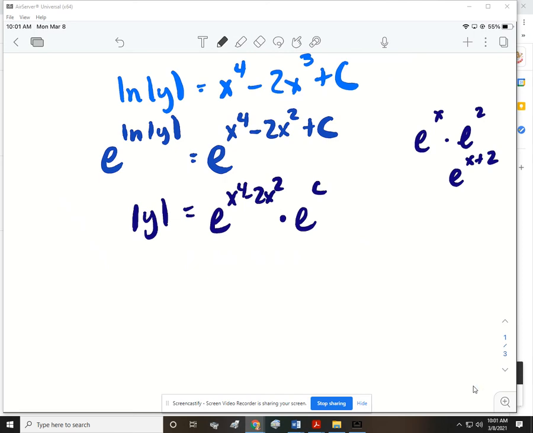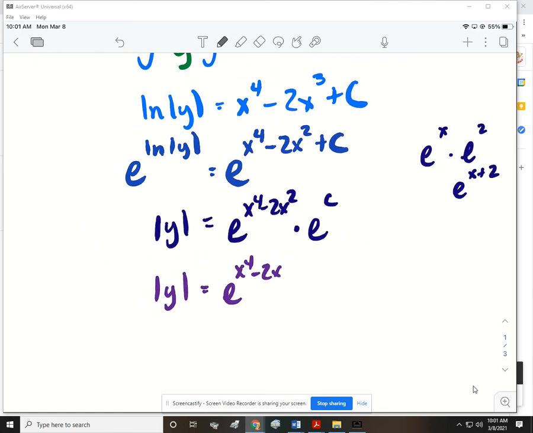All right. And then what kind of number do you get if you have e to the c? E to the c is just a different constant. So e raised to some constant is going to just give you a different constant.